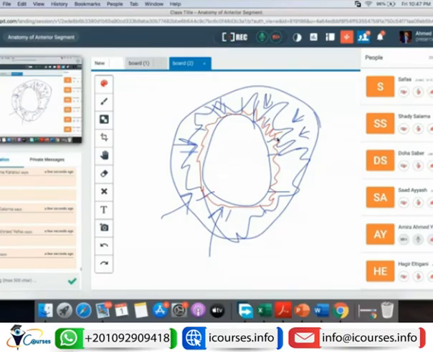So if the muscle is contracted, this will lead to relaxation of the zonule, and the lens by its structure acts as elastic. So it will contract and acquire more curvature, so the anterior surface and the posterior surface will be more curved. So this is the basics of accommodation, and I hope that it is clear for you now.